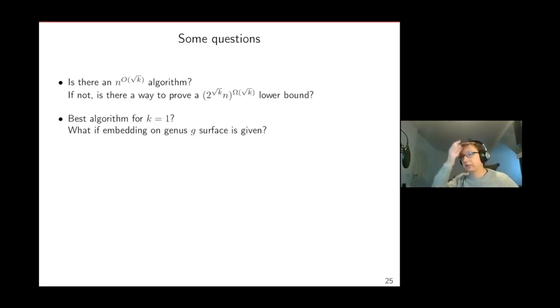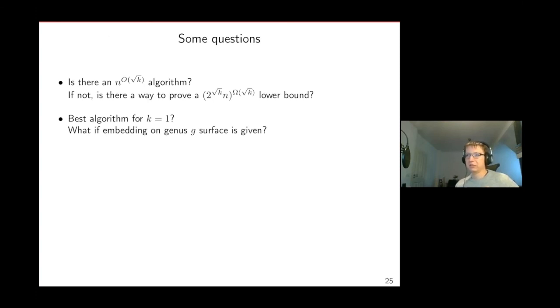Now another direction is to forget k as a parameter and just fix k to be 1. We have all the terminals on one face, and you want to, well, you could try to get the best exponent in the plane, but maybe a more interesting question from the parameterized perspective is to look at graphs embedded on surfaces, right?